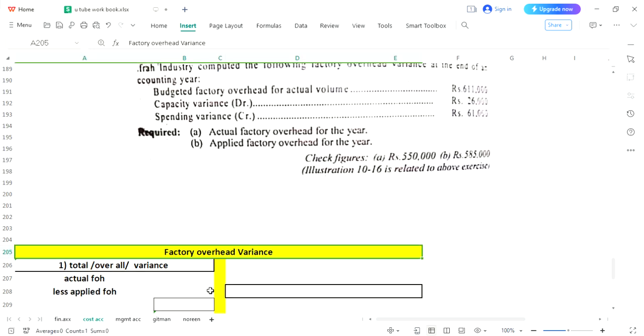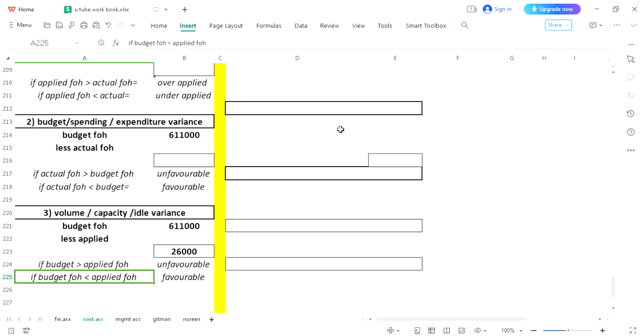And the next thing which is provided, spending variance. Spending variance means budget variance 61,000, it is credit, so it would be favorable. 61,000 is your budget variance. 61,000 you have written over here, but kindly note it down.